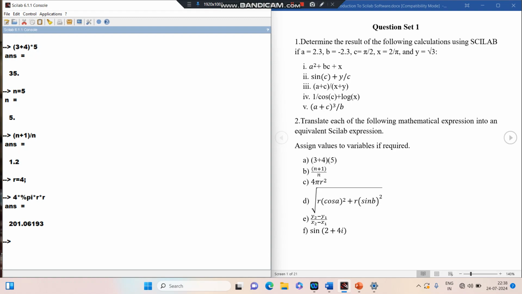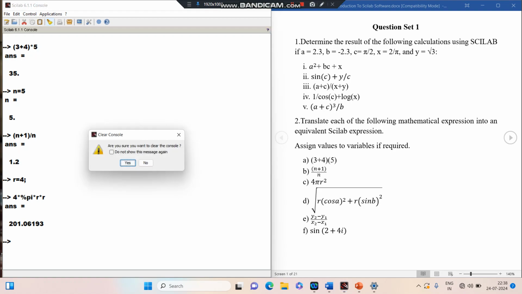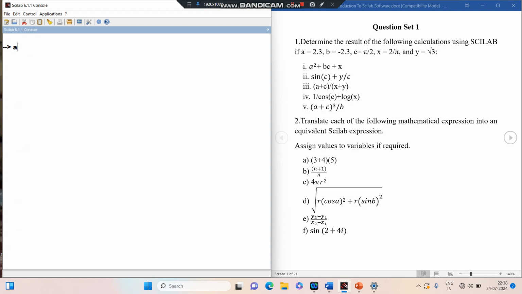In the next we have a variable r, then we have a as well as b. Let us take the same r which is 4. Let us assign values to the variable a. Let us take a as 8 and b as 10 for example.